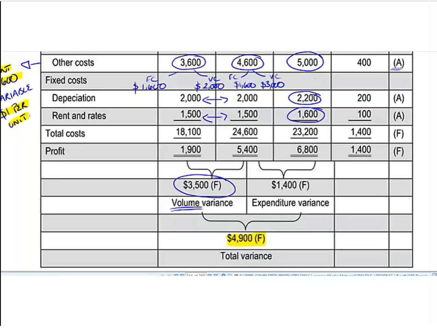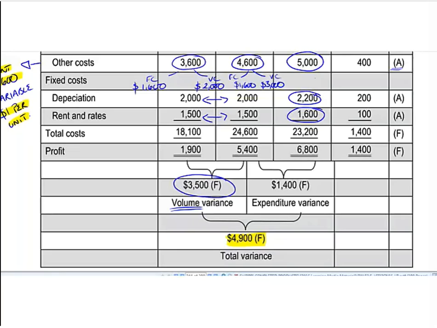In other words, the fact that we produced more units than we originally anticipated. And obviously a company that does increase their production by 50% would expect to make more profit. And that has happened. We've made $3,500 of additional profit purely due to the fact that we've produced additional units. And that's our volume variance.